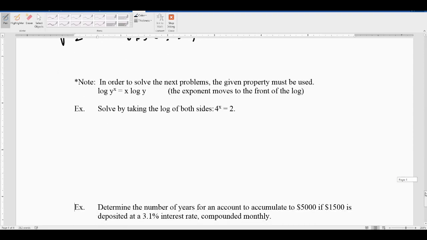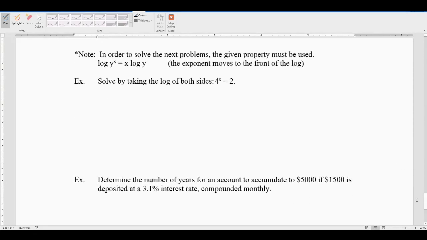Now we've got a couple of different examples. This example down here, you're going to be asked to find the number of years, which is the T. So that's an exponent. In order to find exponents, or to solve for exponents, you have to use something called logarithms.